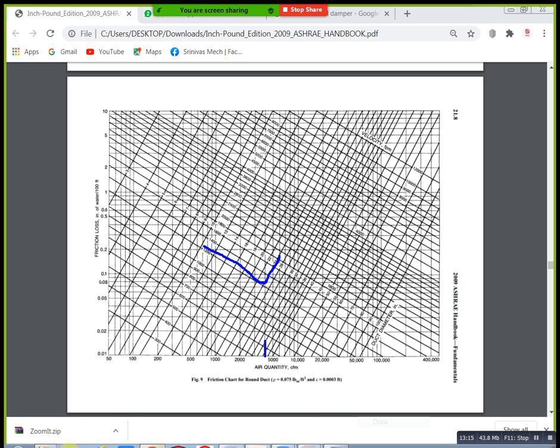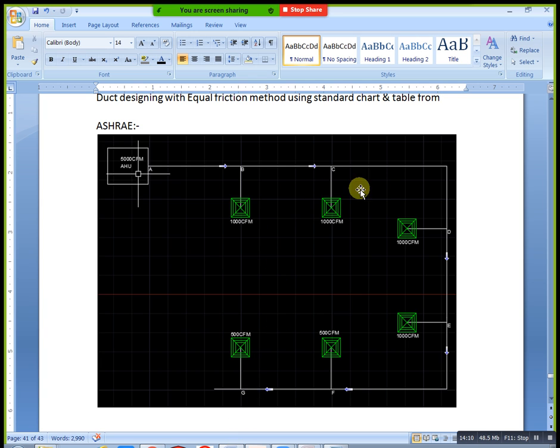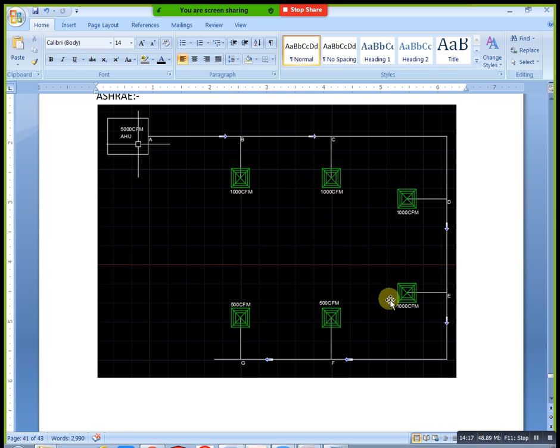That is the second section, then the third section. Remaining all sections you can try, but when you come to here, something changes. What happened here? Just you can see in this condition, friction loss is more.